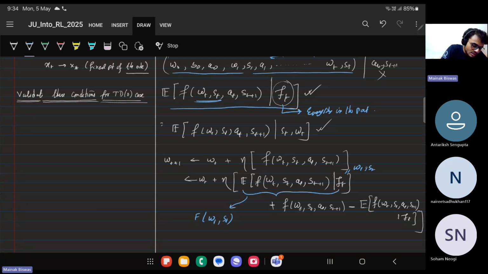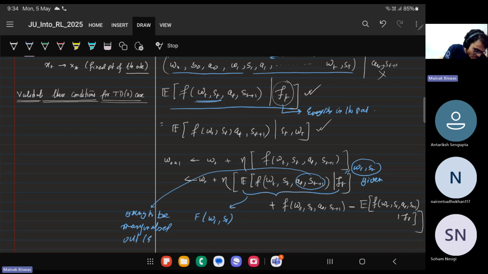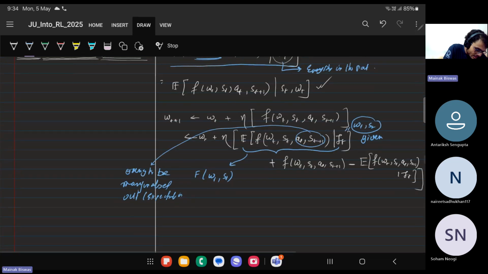Because these are given. The others are going to be marginalized out, or expectation is computed over them.